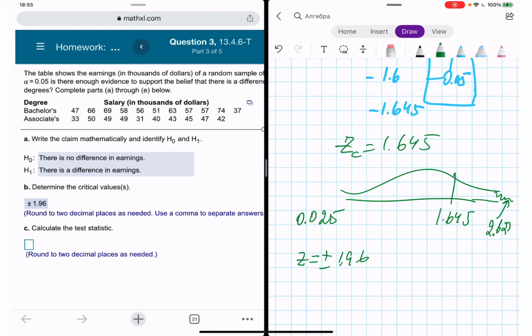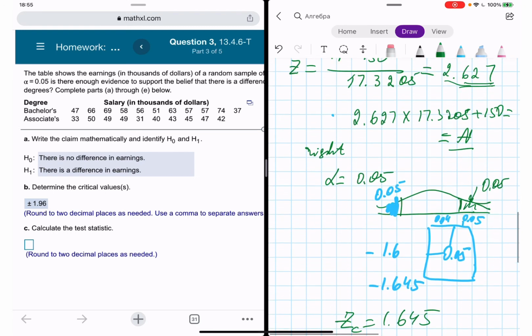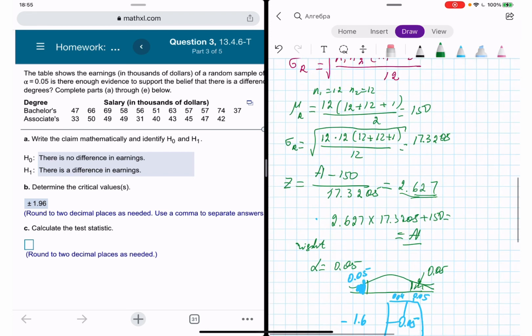Okay, now test statistic, you are going to calculate exactly like I said here. Instead here you have only two samples, right?